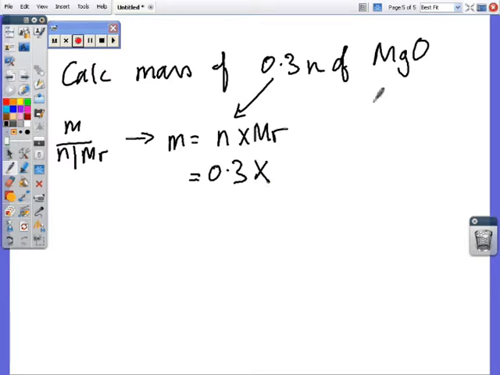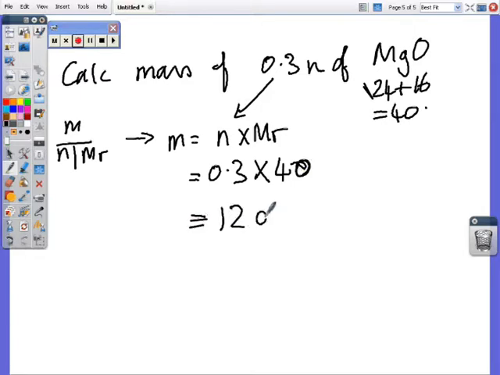For the Mr, we go to our periodic table and again we calculate it out. Magnesium is 24, oxygen is 16, so the Mr is of course therefore 40. So the mass in grams of 0.3 moles of magnesium oxide is 12 grams, which is 0.3 multiplied by 40.